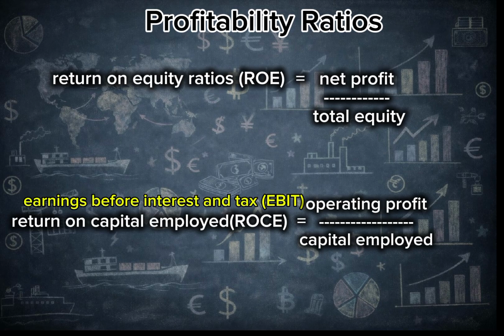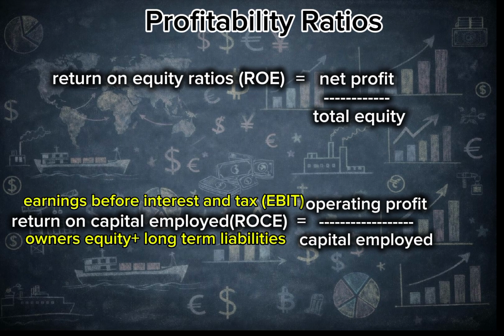Deducted. And what is capital employed? Capital employed is the capital we employed into the business. And what is the capital we employed into the business? The owner's equity and long-term debts. Those are the capital we employed into that business. So when you say capital employed, you are looking at owner's equity and long-term debt.